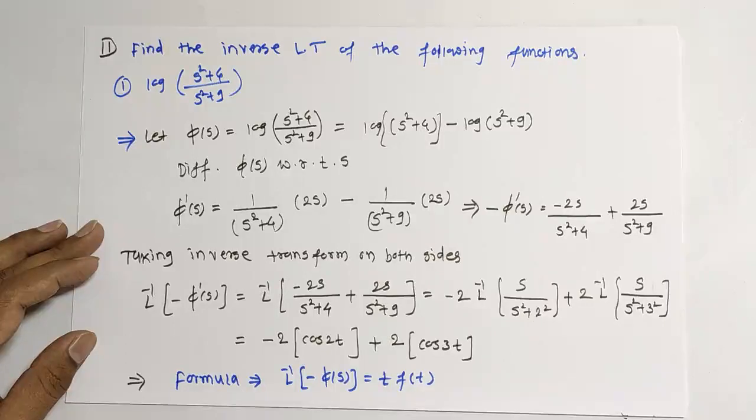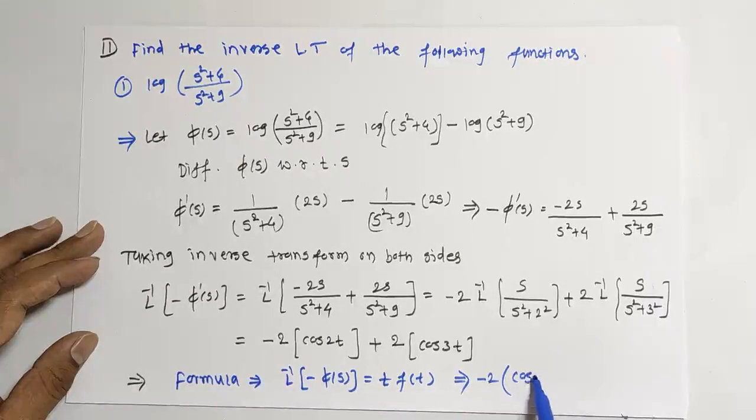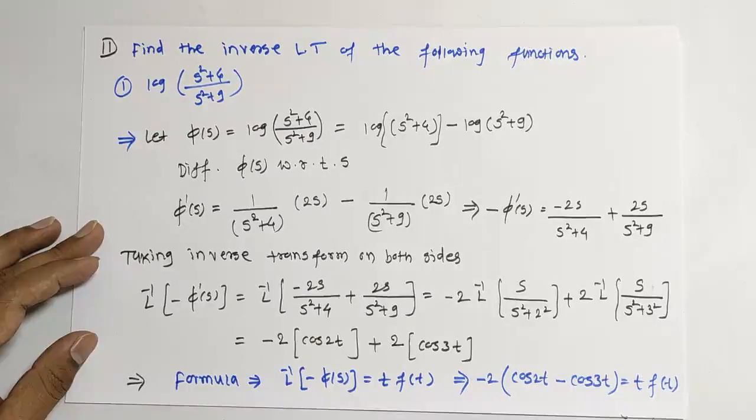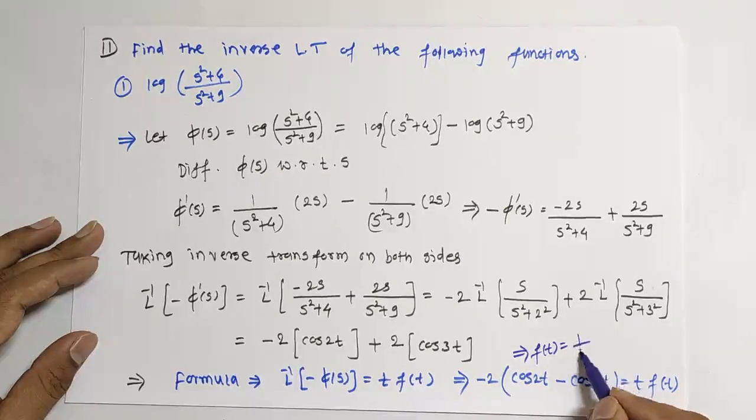So this I am going to write in the left hand side, that minus 2 I am taking common. So cos of 2t minus cos of 3t is equal to t into f of t. So simply your f of t is, I'll write here only, f of t is 1 by t, right?